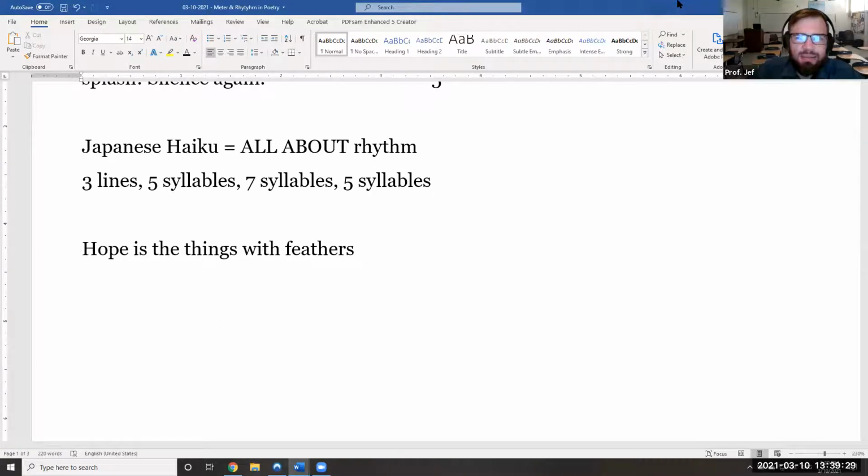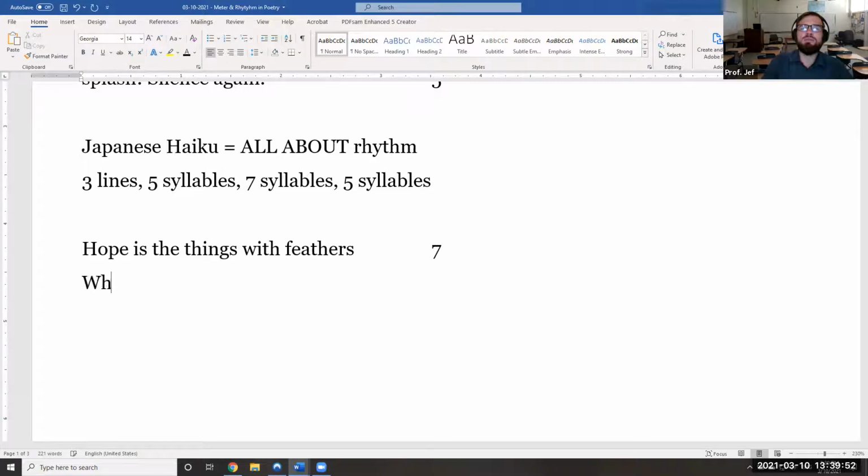It's not 8. Anybody else have a guess? 7. Rahila says 7. Yes. "Hope is the thing with feathers." Feathers is the only 2-syllable word. So we've got 7 syllables in this line, right?